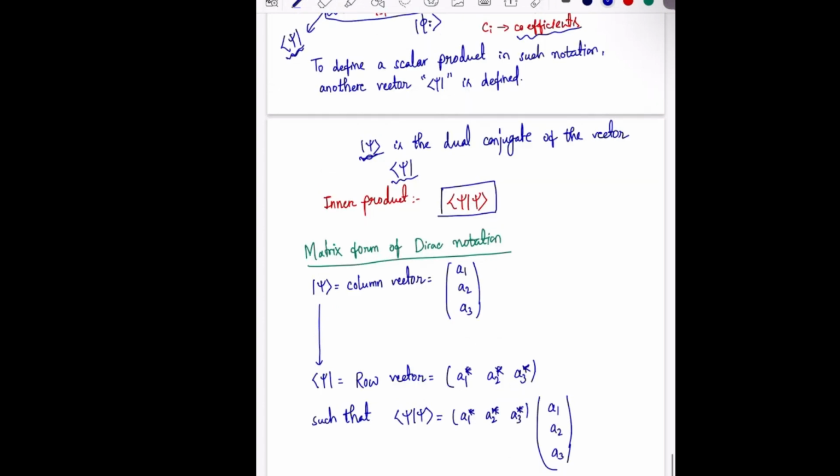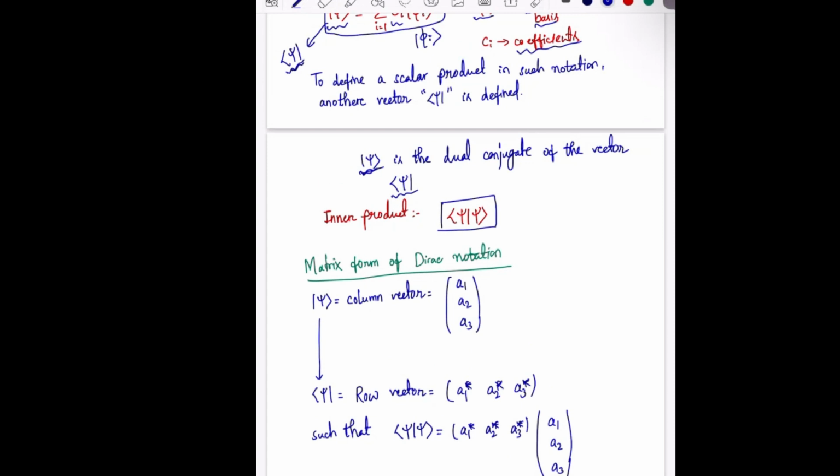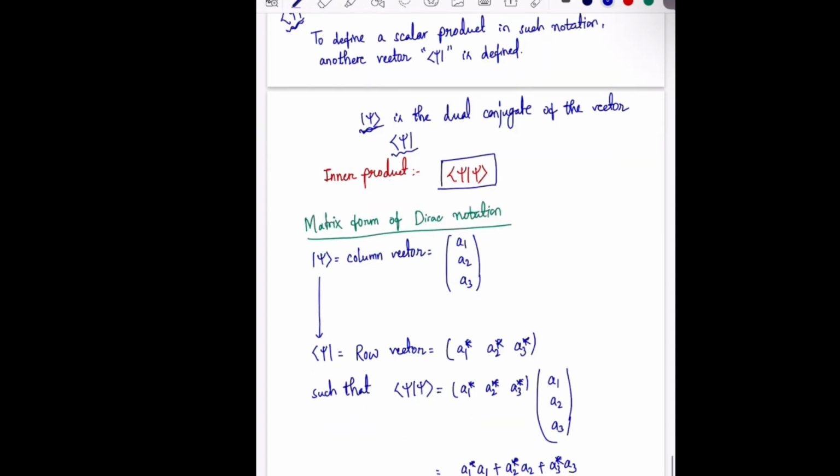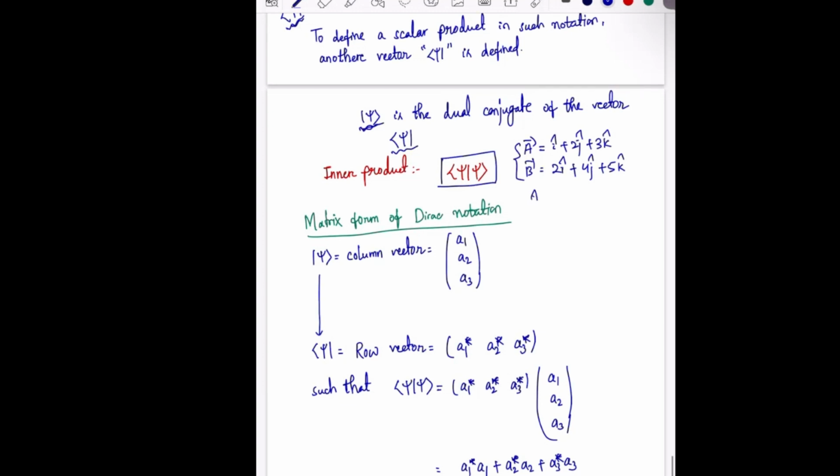Like in our real space, normally if a vector A is given, let's say i cap plus 2 j cap plus 3 k cap, and B is given, which is 2 i cap plus 4 j cap plus 5 k cap, then to take the inner product, we simply take A dot B. This formalism is familiar to us.